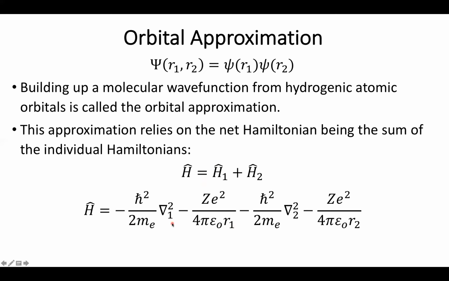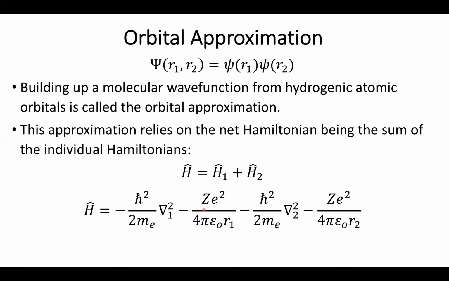So I can describe the kinetic energy using our good old kinetic Hamiltonian, h bar squared over twice the mass times the second derivative with respect to position. The important thing here is that the position I'm taking the derivative of is just going to be the position of the first electron. Similarly, I can find the potential energy of that first electron by assuming that it exists just in the presence of the nucleus.